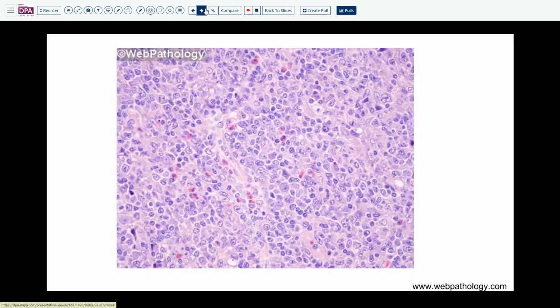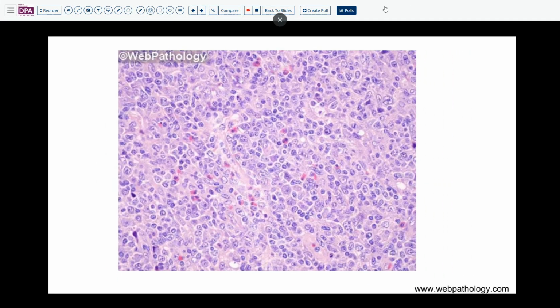So this one is better. And it looks like a mixed cell pattern in this pericortex area, not just T cells.